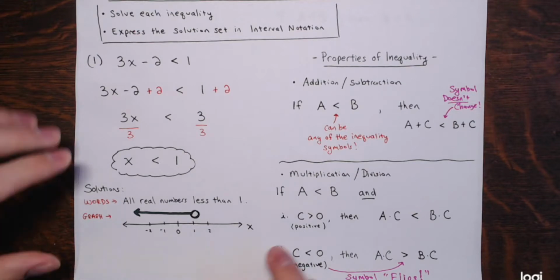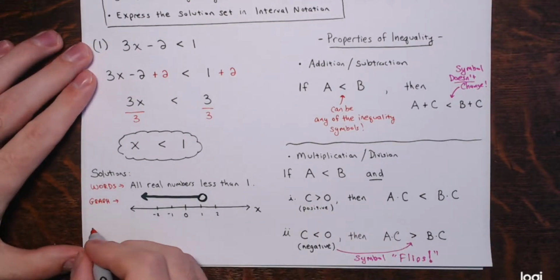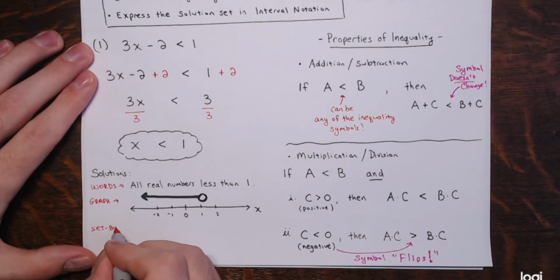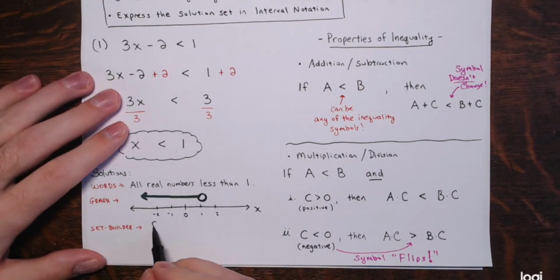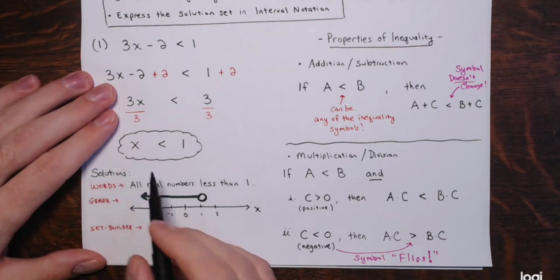And then a third way would be in something called set builder notation. So you write out the solution set. It's a set, so you have the little curly braces here. Once again, the variable is x.